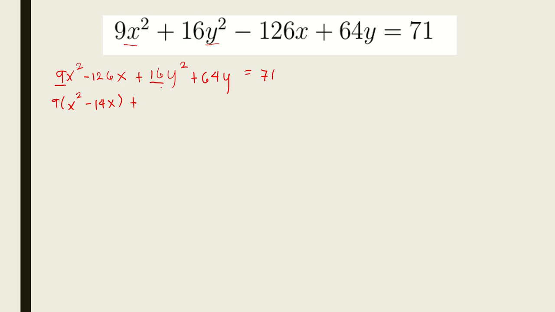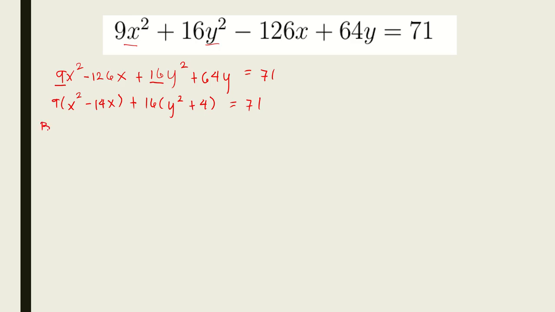Plus in the y variable we have 16, so we factor out the 16 and the remaining would be y squared, and then 64 divided by 16. We got 4. That's y squared plus 4y, close parenthesis, is equal to 71.